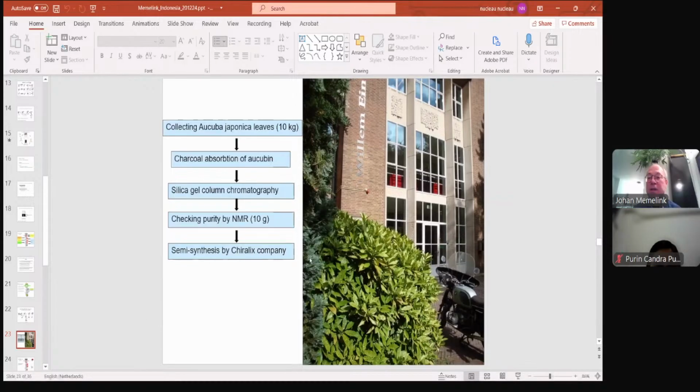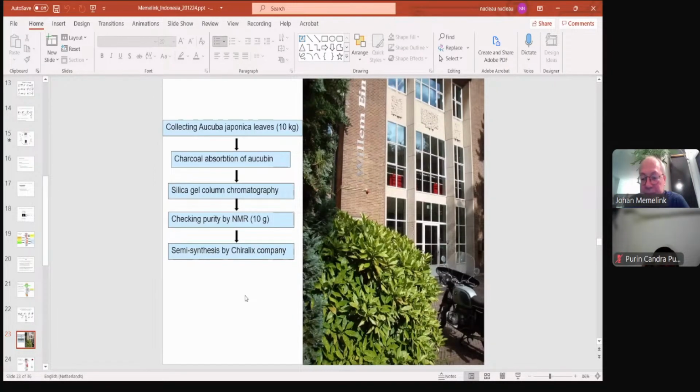This shrub is standing in front of one of the university buildings very close to our lab. This Aucuba japonica has a very high percentage of alcubin in the leaves: 2% of the wet weight of these leaves is alcubin.